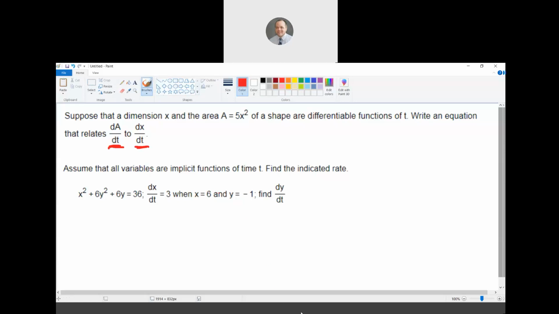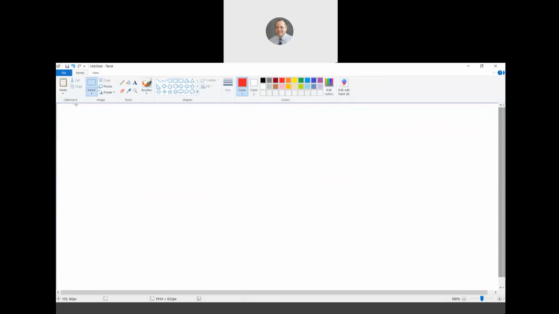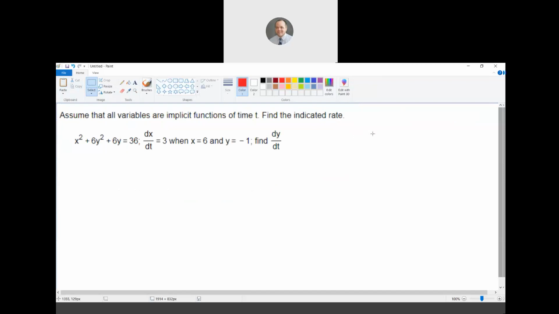So let's figure this out by implicit differentiation. The derivative of x squared is just 2x.